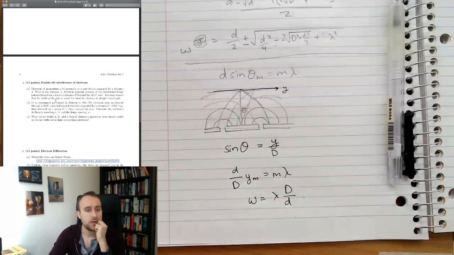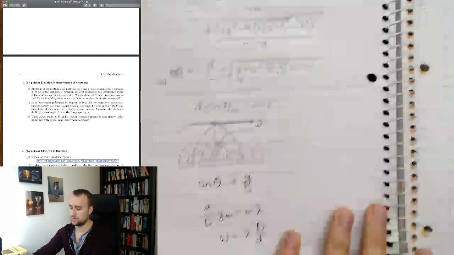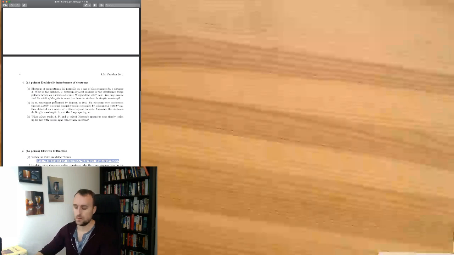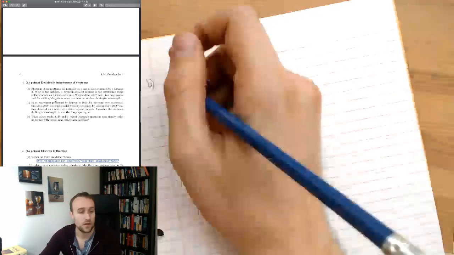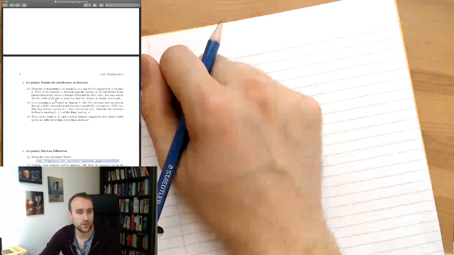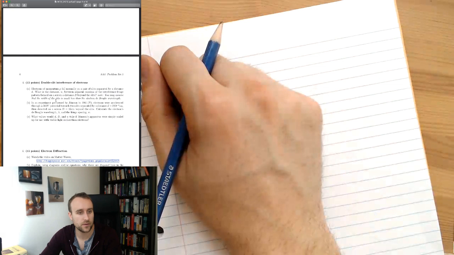In an experiment performed by Jönsson in 1961, electrons were accelerated through 50 kilovolt potentials towards two slits separated by 2 times 10 to the negative 10 centimeters and detected on the screen 35 centimeters beyond the slit. Calculate the electron's de Broglie wavelength and the fringe spacing.